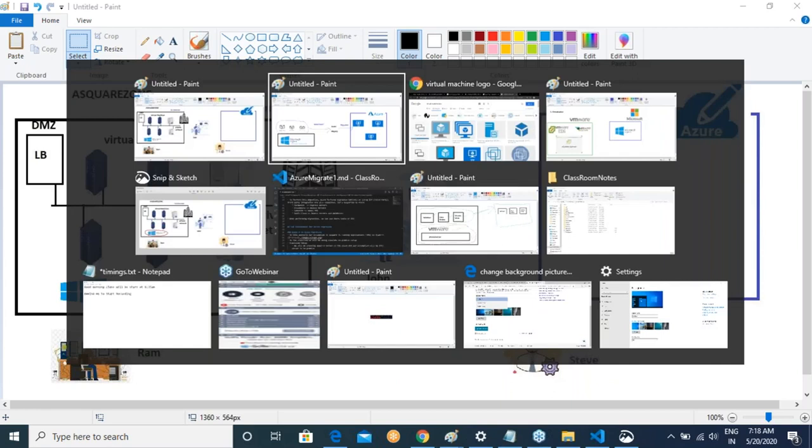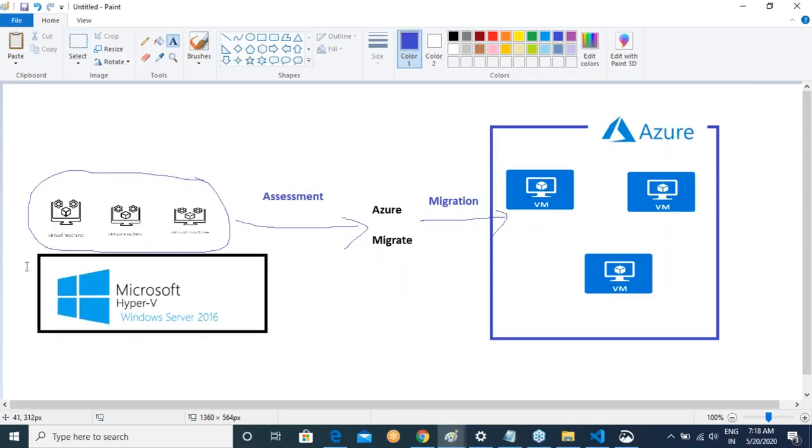So we are creating one Windows server on Azure itself, with Microsoft Hyper-V enabled, and we'll create 1 or 2 virtual machines, whatever we can, and then we will use the Azure Migrate service to perform the migration. Is this clear, or do we have any doubts?